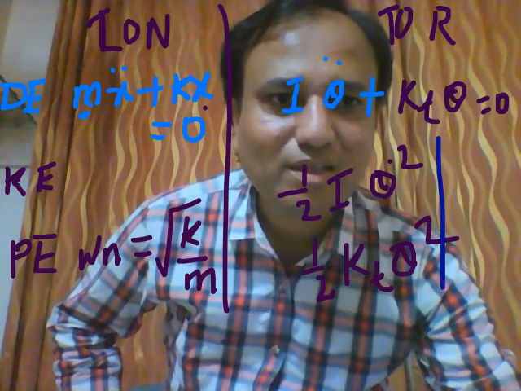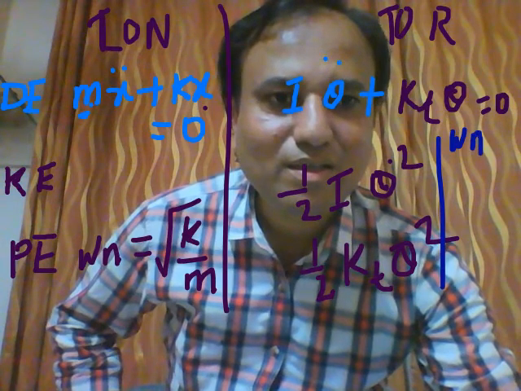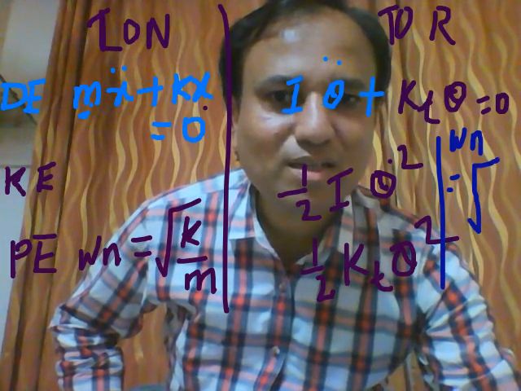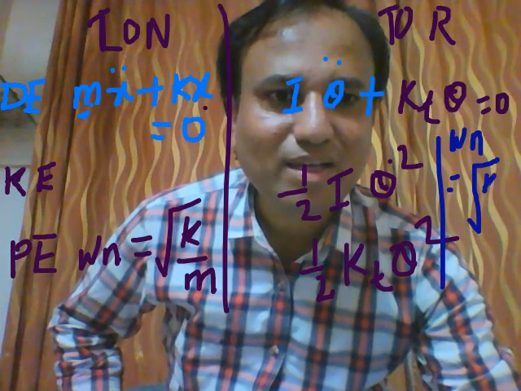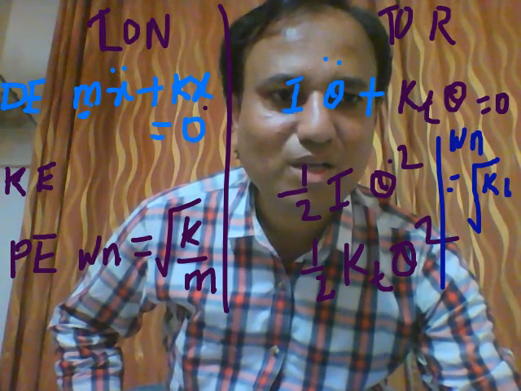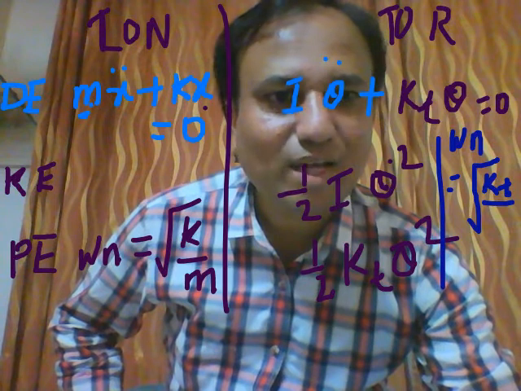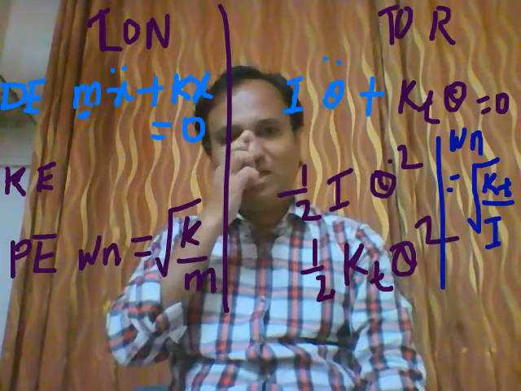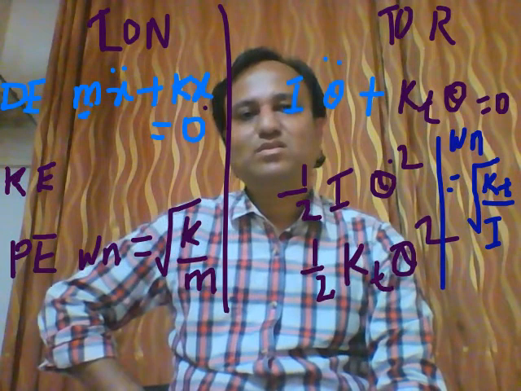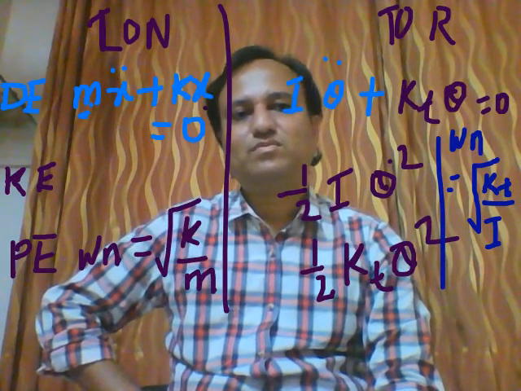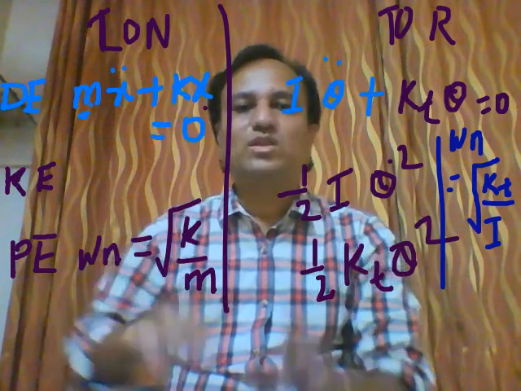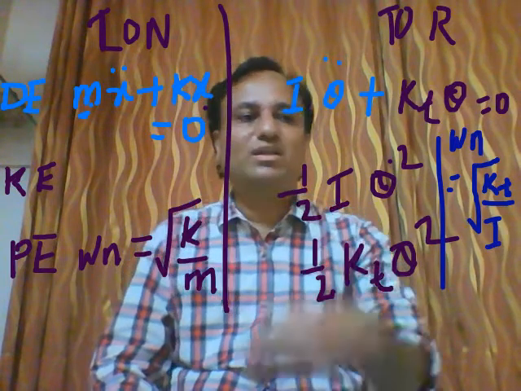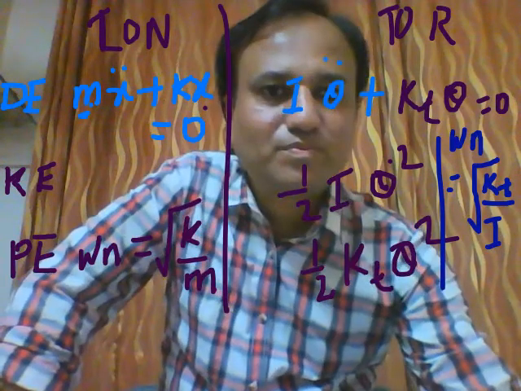So k I will replace by KT, and m I will replace by I, so root of KT by I, right student? So this is the difference between longitudinal vibration and torsional vibration.